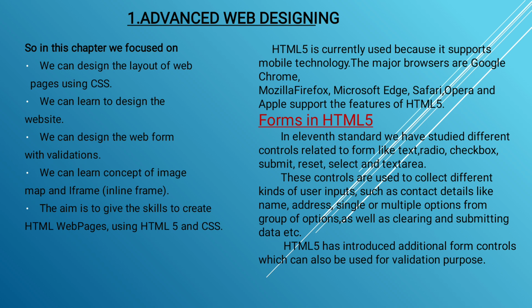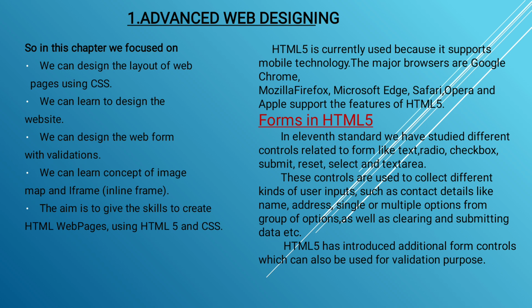For that, which tags did we use for text, radio button, checkbox, submit and reset? We used the input tag, and for select we use the select tag. In between we used the option tag, and for text area control we directly use the text area tag, right?